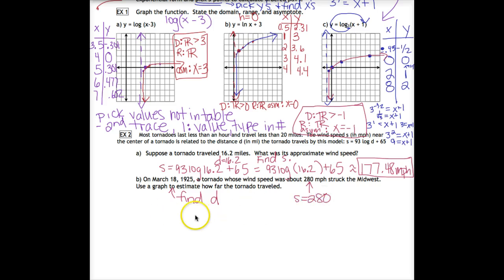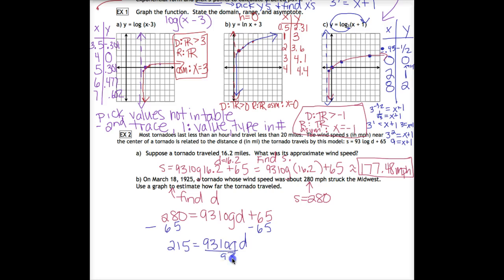So that's saying 280 equals 93 log d plus 65. Now, you could solve this algebraically, and I'm going to show you that for those of you who prefer algebraic rule-based methods. You would subtract the 65, which is going to give you 215 equals 93 log d.